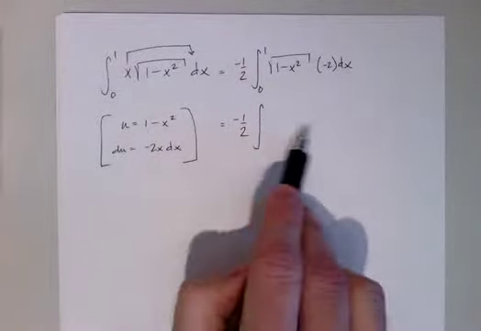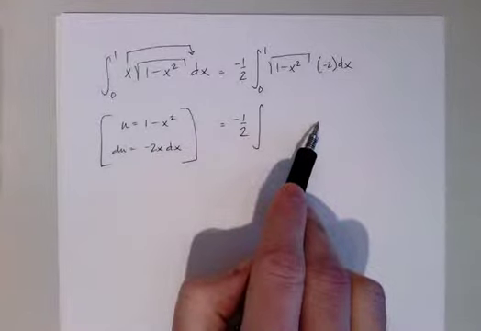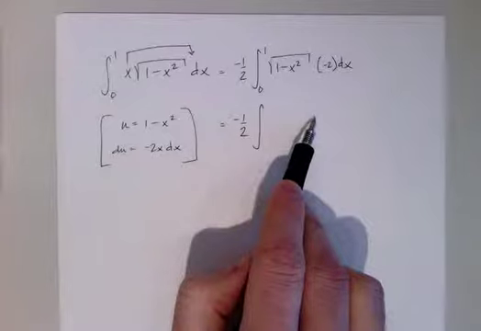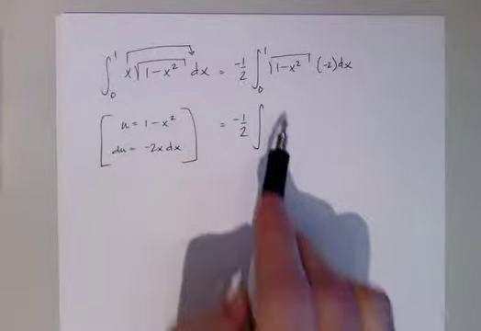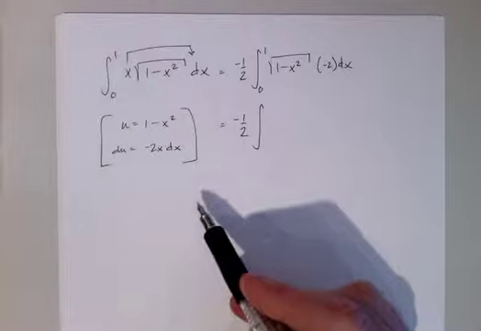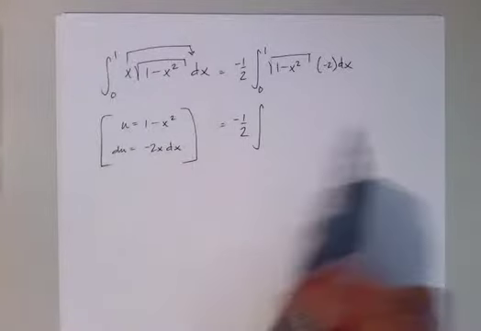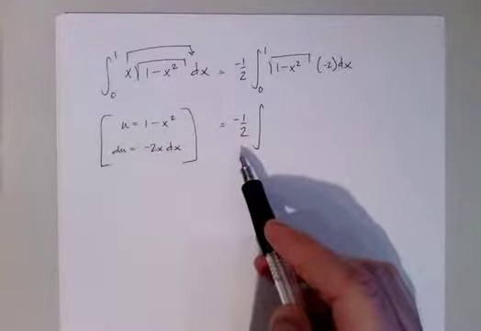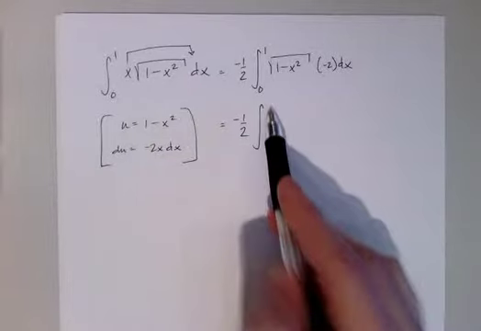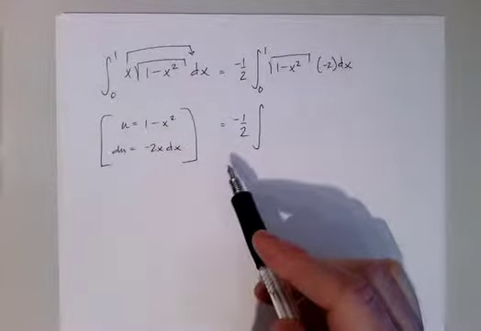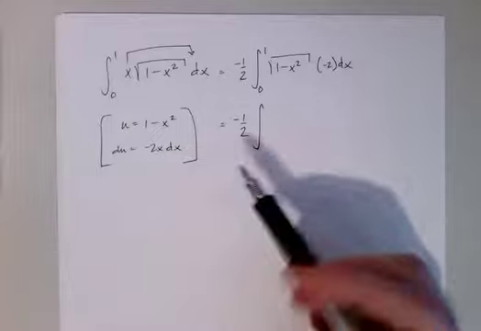The moment that you've changed the integrand into u values, you need to do one of two things. You either need to integrate and turn it back into x before plugging in your x values, or you need to change your limits of integration into u values. And that's actually the easier way to go.